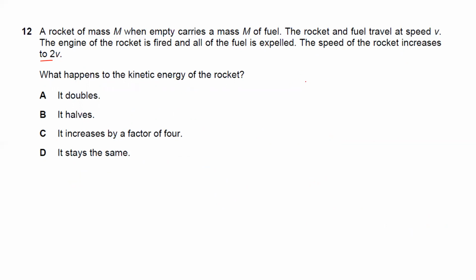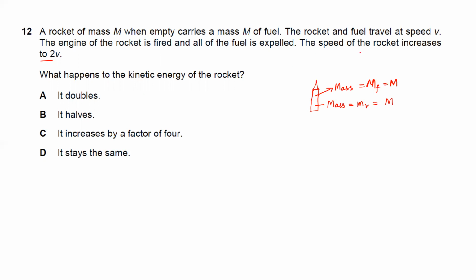So consider that we have a rocket like this. The mass of rocket, we call it mr, is m, and the mass of fuel, mf, you can call it m.